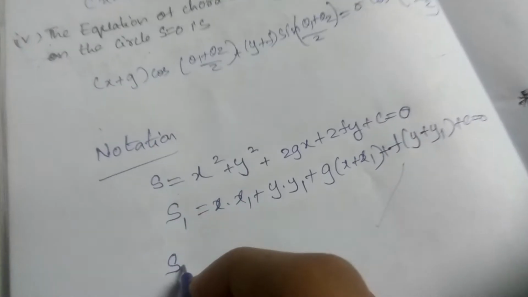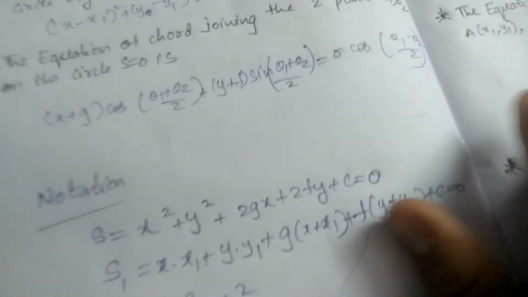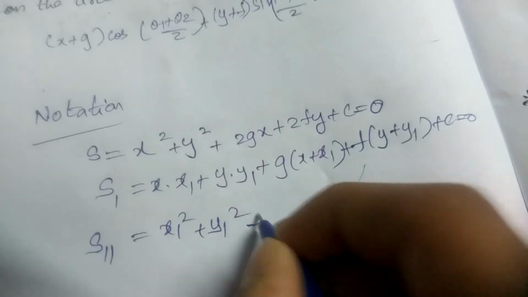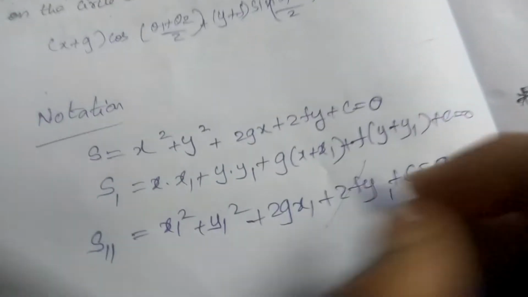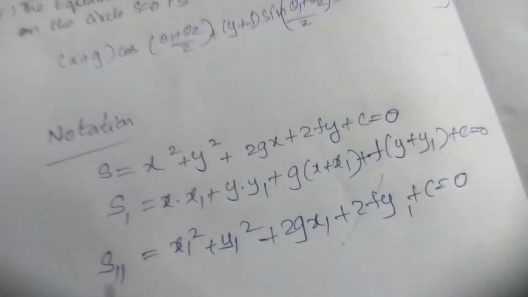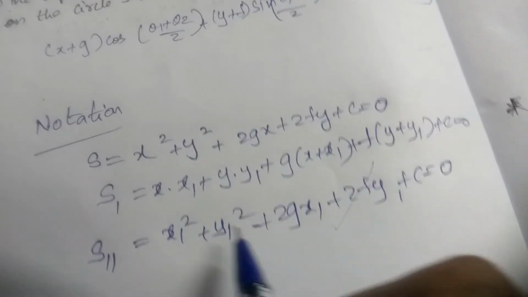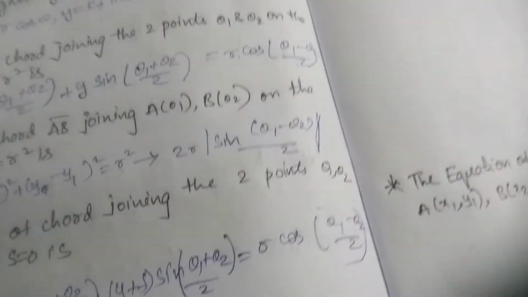Coming to S11, it gives x1 squared plus y1 squared plus 2g x1 plus 2f y1 plus c equal to 0. This will be the notation of S11.